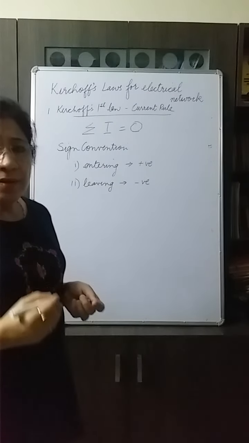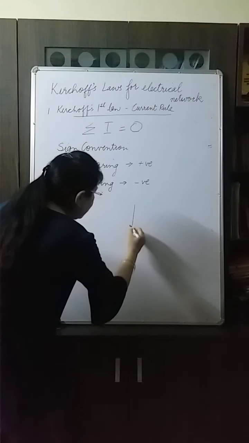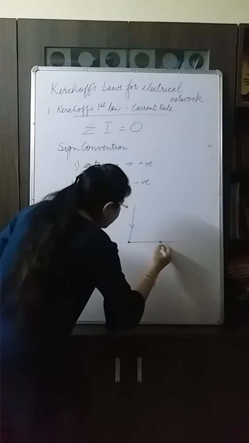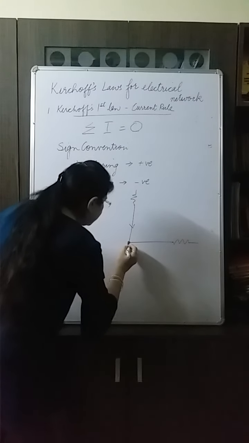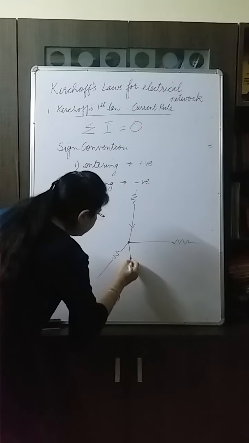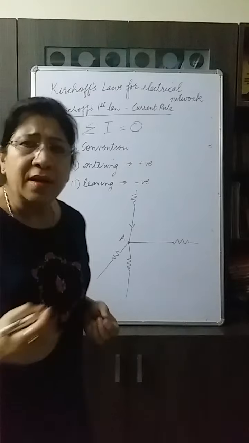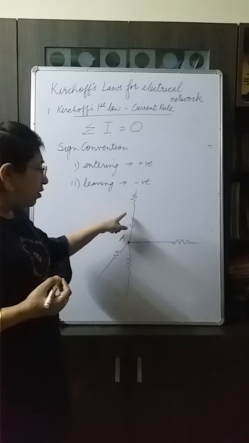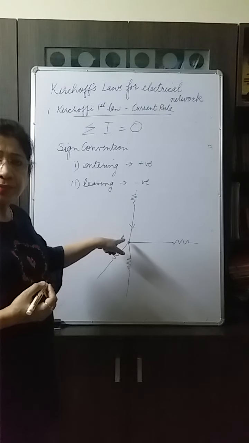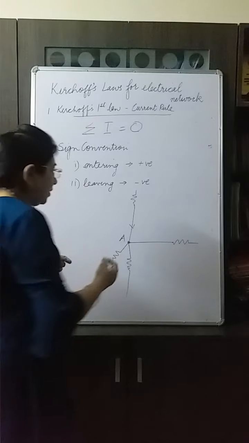You can see this with the help of an example. Let me take a part of a circuit. Say this is a part of a circuit and at the point A, 4 wires are meeting and this point A we call a junction.